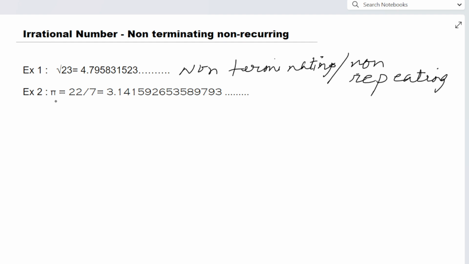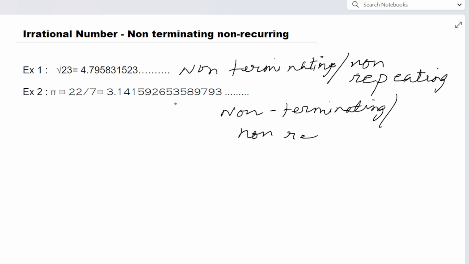Similarly here, pi, which is 22 by 7. If I divide, I'll get this decimal form. This is again non-ending, or non-terminating, and non-repeating. The digits after the decimal point are not repeating in some pattern.